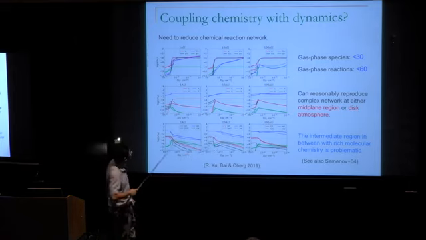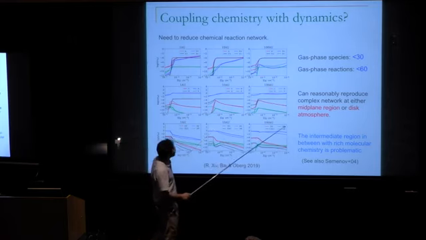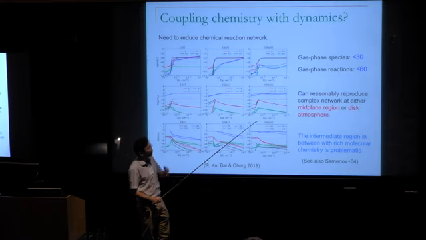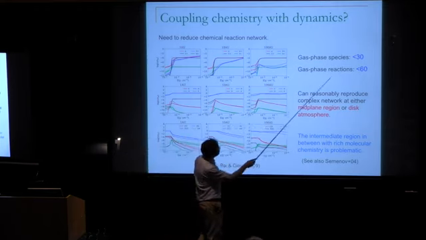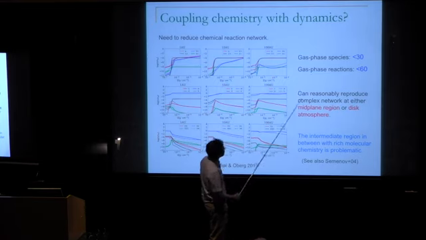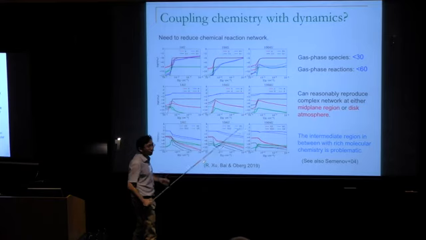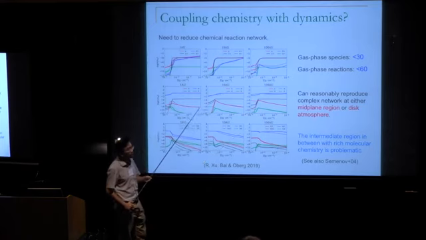You're not supposed to read all of this, but basically we were able to reduce a chemical reaction network from several hundred species and several thousand reactions to about 30 gas phase species and 60 gas phase reactions. And they can reasonably reproduce the result from much more complex chemistry.